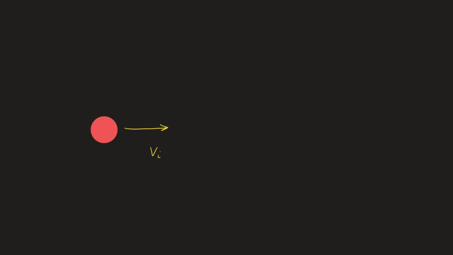So imagine we're looking down on like an ice hockey floor, and the puck is moving to the right. And then somebody hits it with the hockey stick, and suddenly the puck is now moving this way.